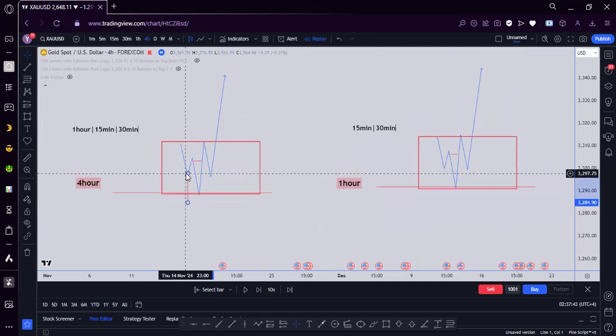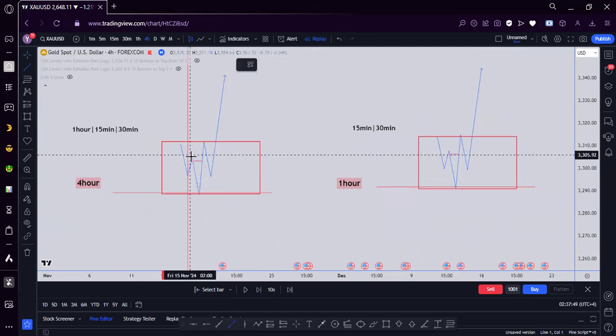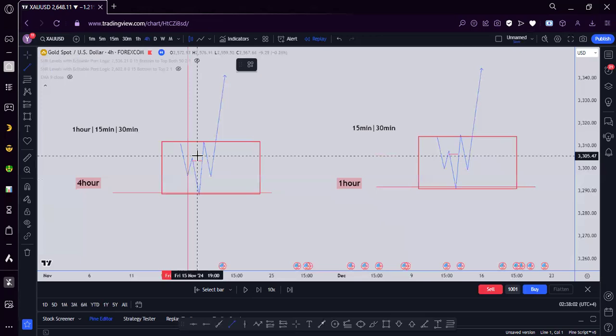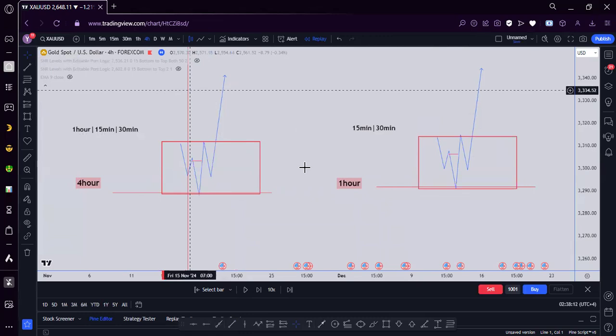The touch was right here. So this is the A shape that created after the touch. If the price breaks this A shape level, it's valid. It's an internal breakout, but it's valid for our setup. We can take the internal breakouts for the mini classic storylines.